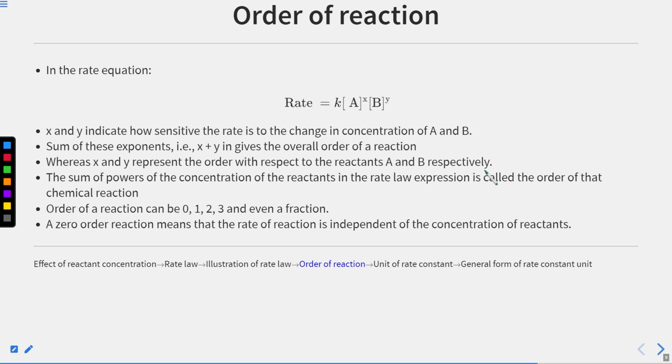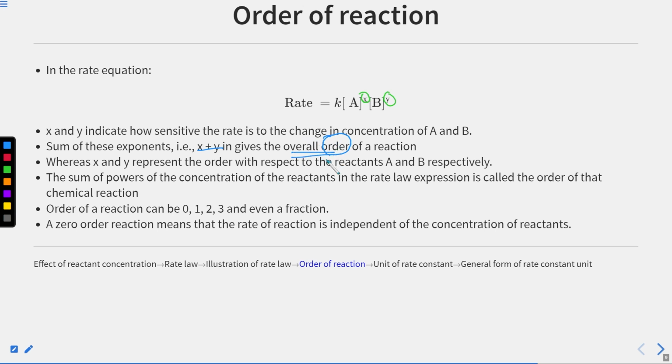The powers here are X and Y. The sum of these powers, that is X plus Y, gives the overall order of reaction. So this is the overall order of the reaction.